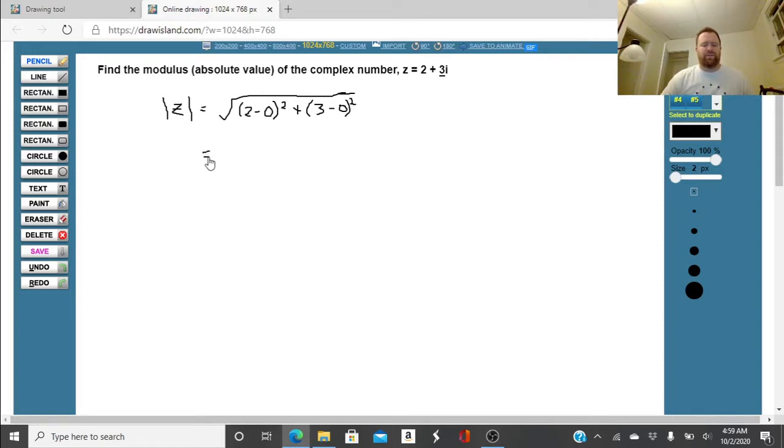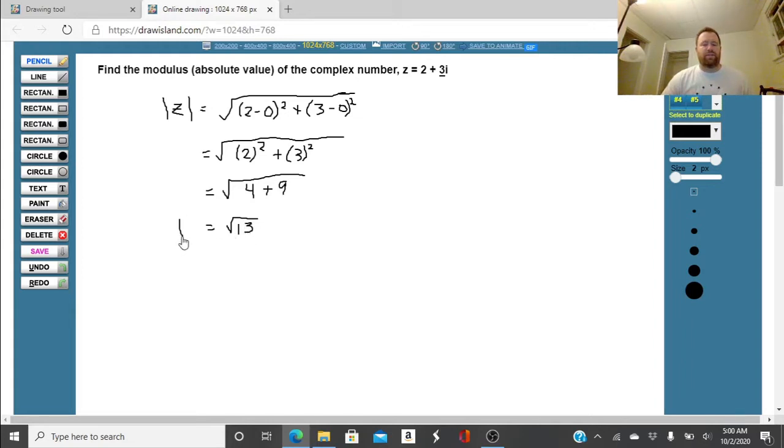Okay, so 2 minus 0 is just 2. So we're going to get 2 squared plus 3 squared, which is going to be 2 squared is 4, and 3 squared is 9, so we're going to get 4 plus 9, which is just the square root of 13.